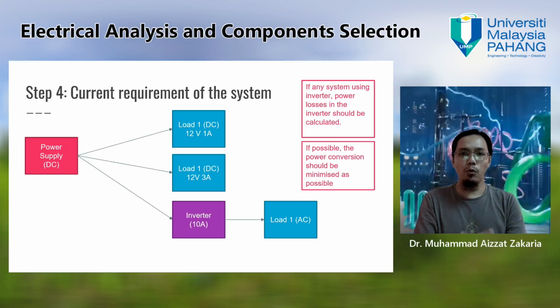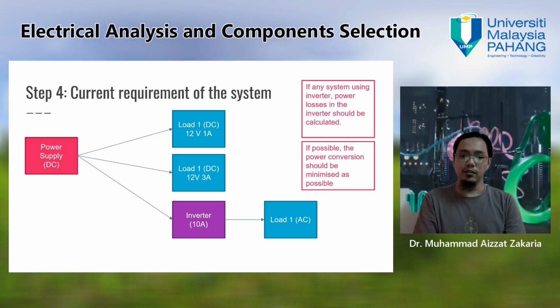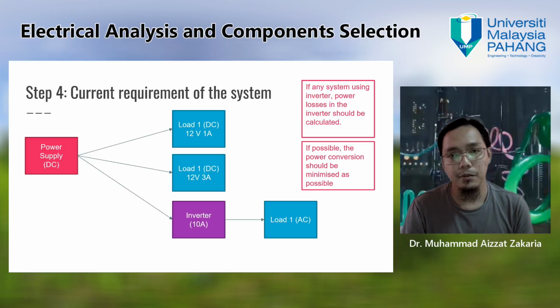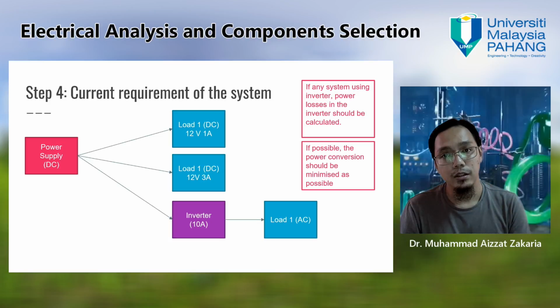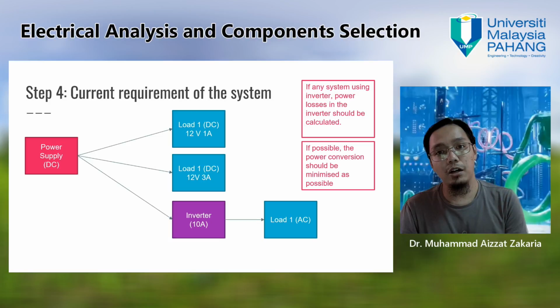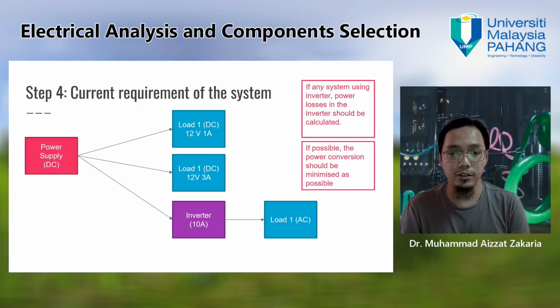Or maybe our load is an AC load, but our supply is a DC supply, which means we need an inverter for our system. So you need to check the inverter requirement of your system.